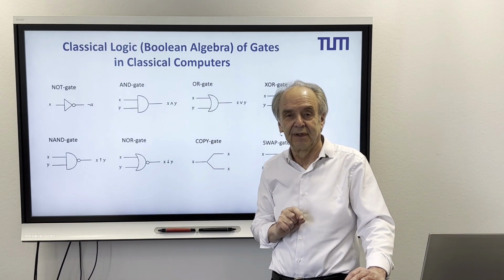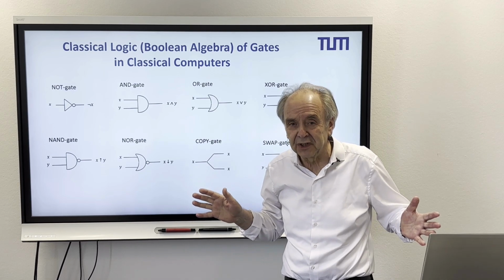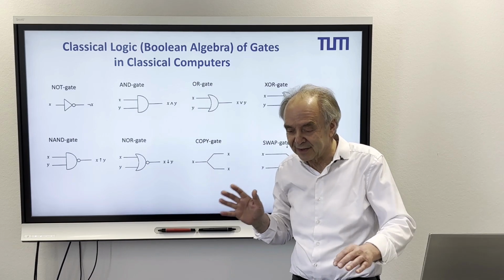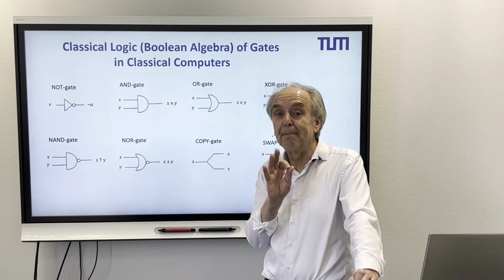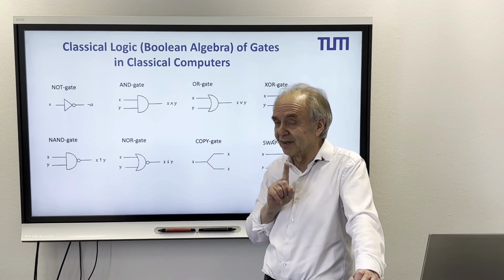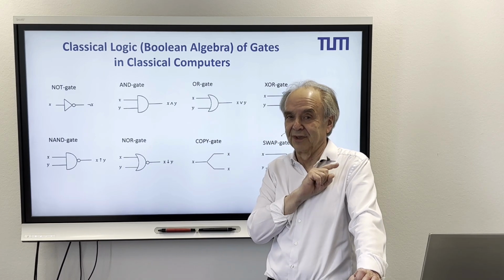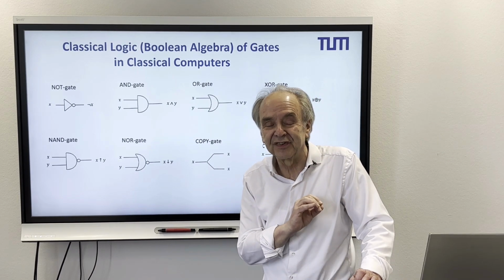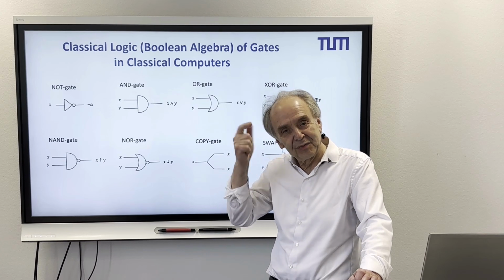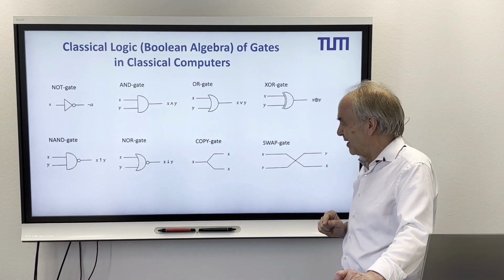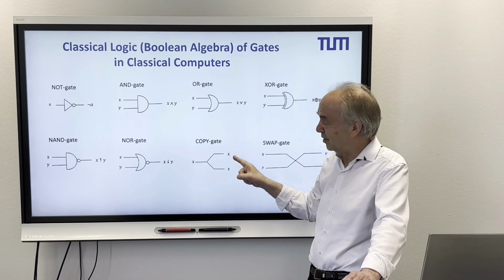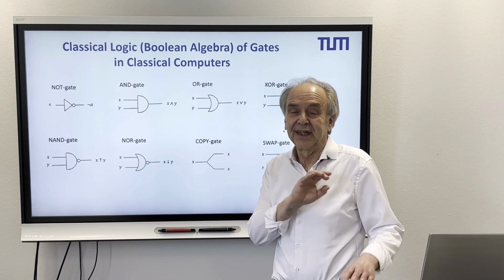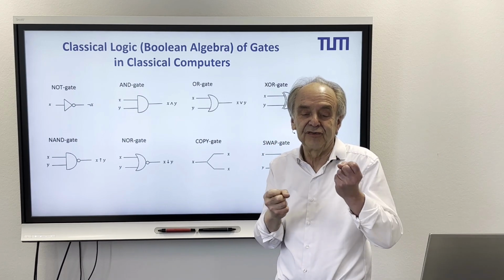The copy gate seems to be very trivial in the classical world, but actually it is impossible to realize the copy gate in the quantum world. Why? It would be a contradiction to Heisenberg's uncertainty principle. And that is very easy to understand. If you assume a copy gate in the quantum world, then you can make a copy, for example, of a photon.